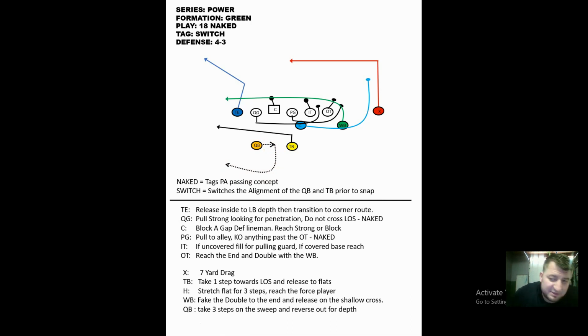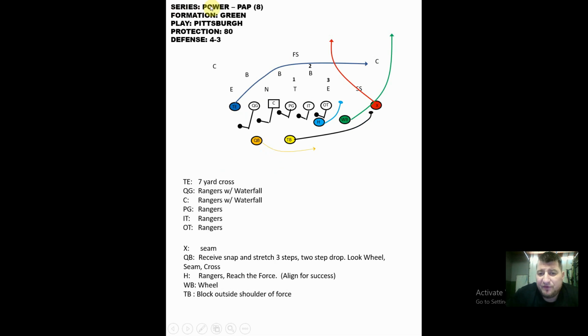Other types of play action passing, if it is a play action pass that is designed around the power series, those get a P city, so Pittsburgh or Portland. Now, they may or may not keep the same offensive line scheme. If we use a different protection, like hinge protection in Pittsburgh, but the backfield action stays along with the power scheme, we go with Pittsburgh.